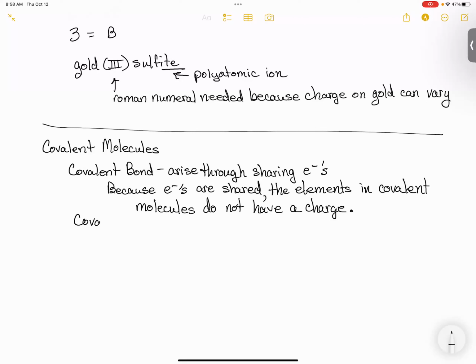Covalent molecules do not have to be in the smallest whole number ratio possible.